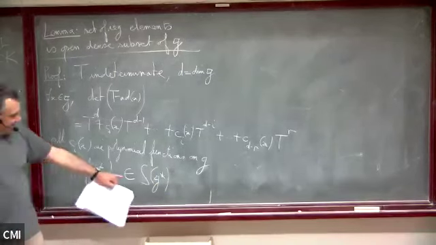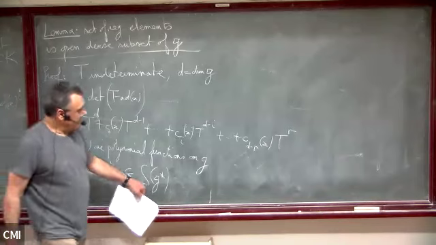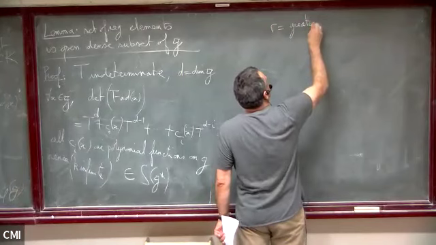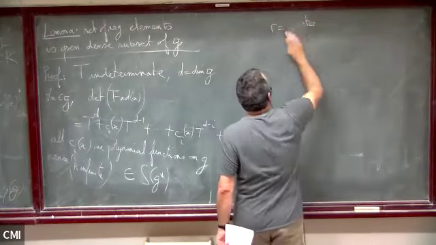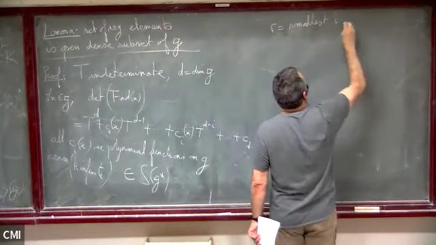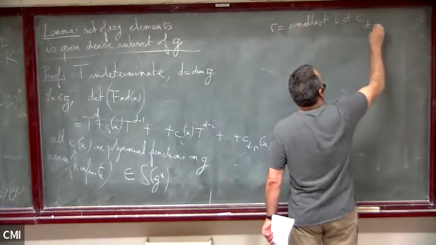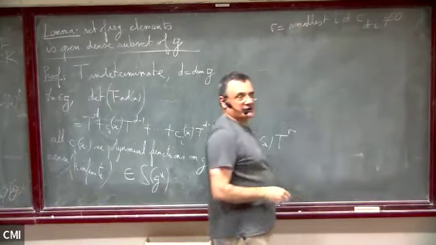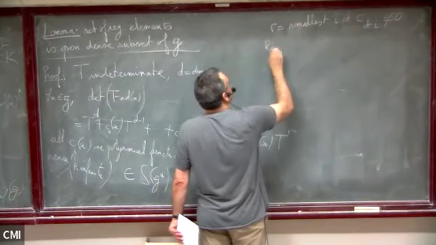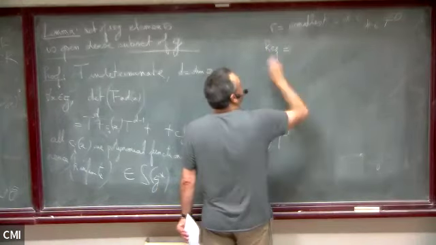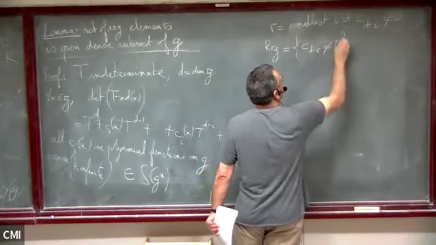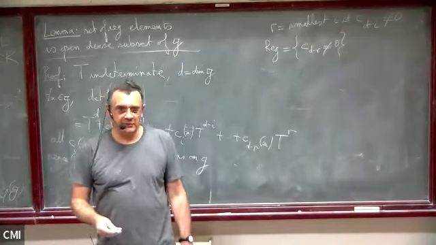So each coefficient is a polynomial, and r is the smallest index i such that the coefficient polynomial is not identically 0. And so the set of regular elements is the open subset given by the non-vanishing of this polynomial.